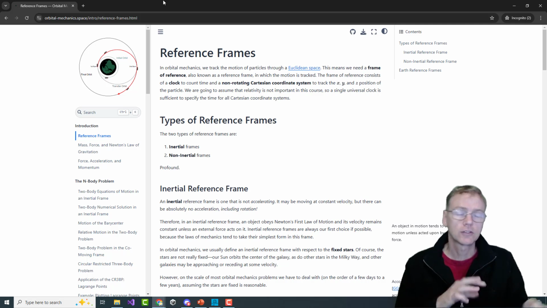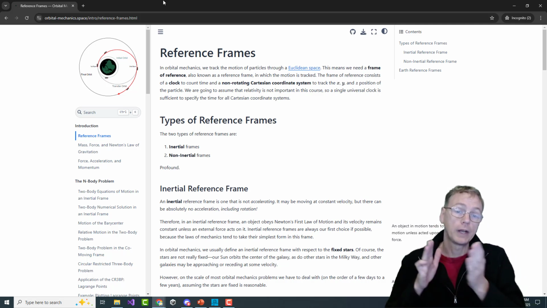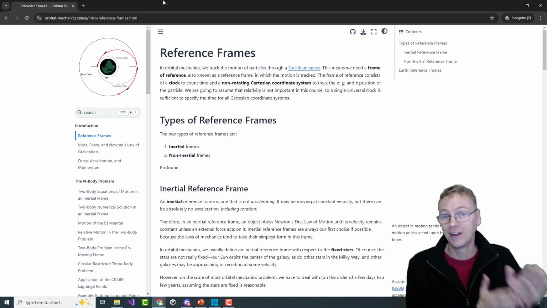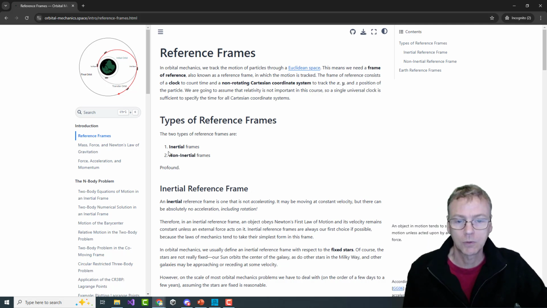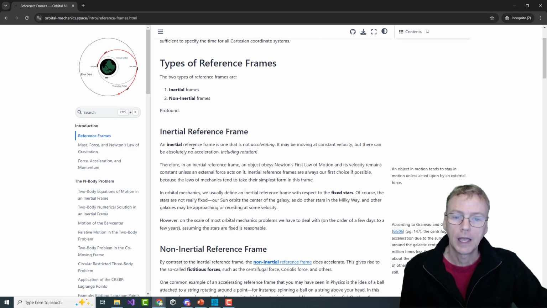It talks about something we're going to get into in a future video, the difference between an inertial reference frame and a non-inertial reference frame. We'll see this right here. It says an inertial reference frame is not accelerating.